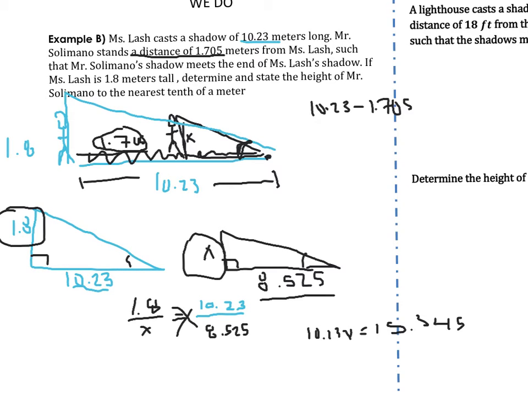Divide both sides by 10.23. And we get 1.5 for the height of Mr. Salamano. And then you just want to double check what our units was. We were talking about meters up here. So it's 1.5 meters.